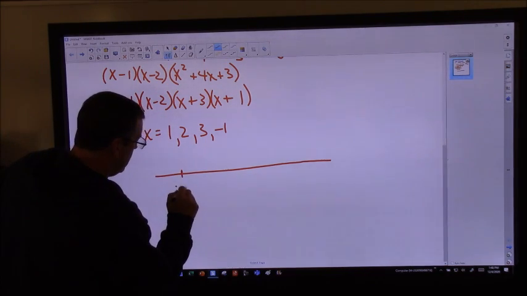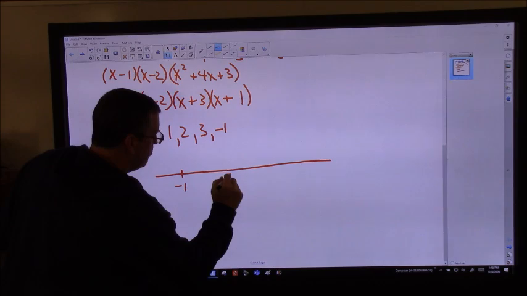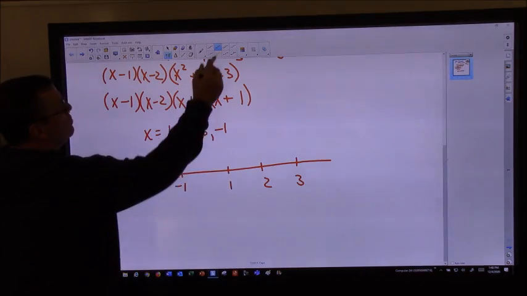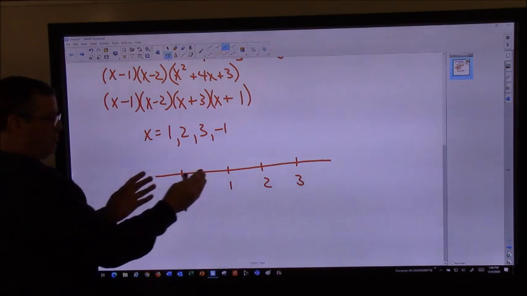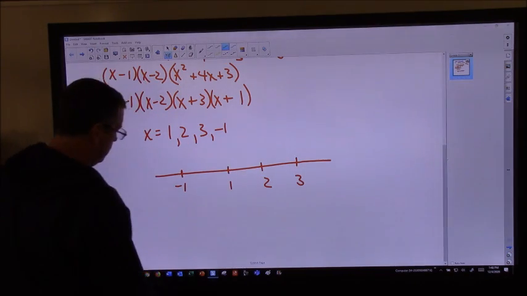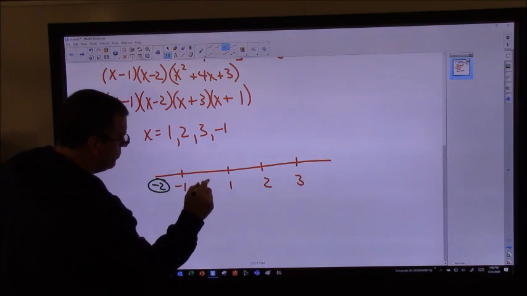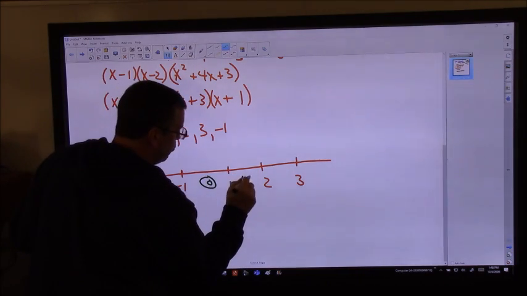Alright, so I've got -1, and then +1, and then 2, and then 3. And so what I need now is a test number in each of these intervals. So here I'll do -2, here I'll do 0, here I'll do 1.5, 2.5, and 4.